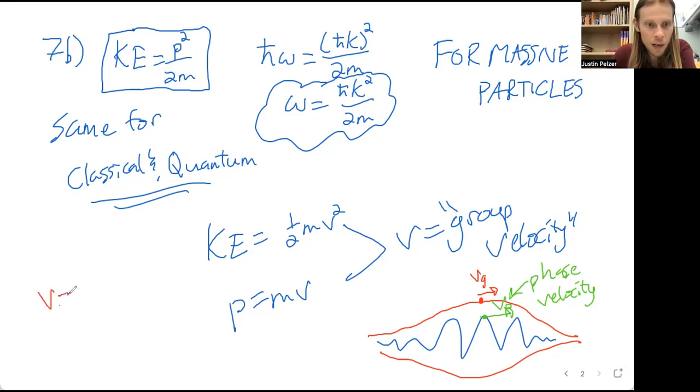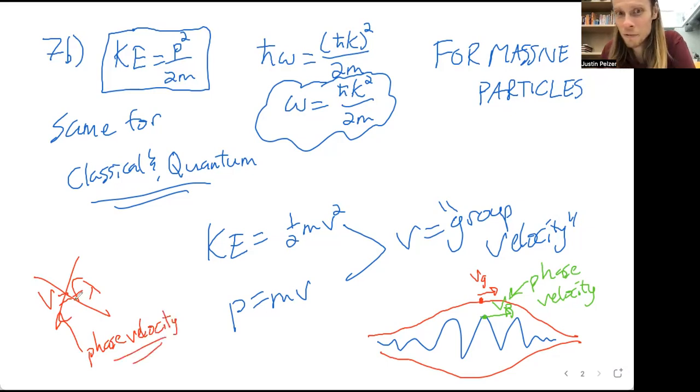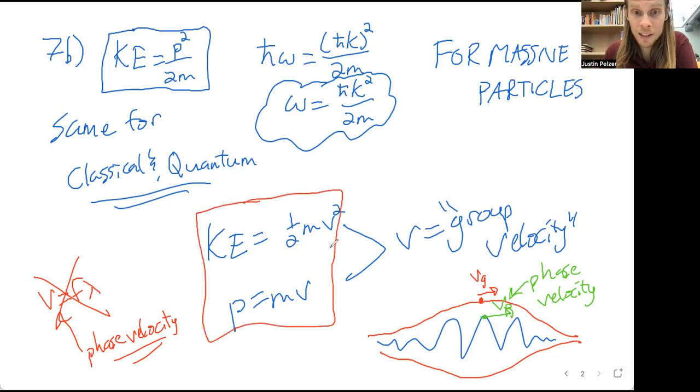So v equals f lambda, you cannot use, that is phase velocity. It's a correct equation for phase velocity, but it's not the same velocity as in these equations. So this velocity is not these velocities, because this velocity is the peak, right?